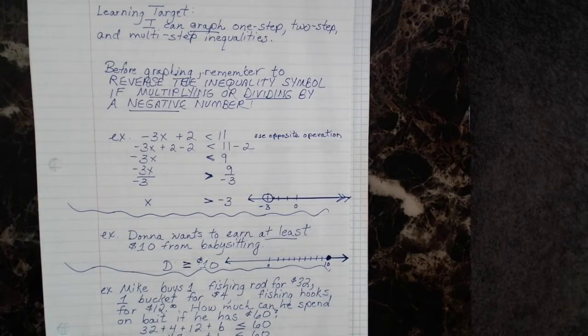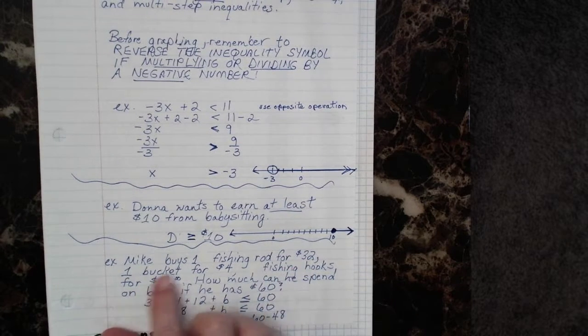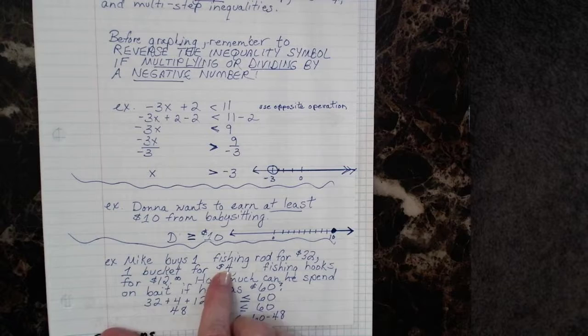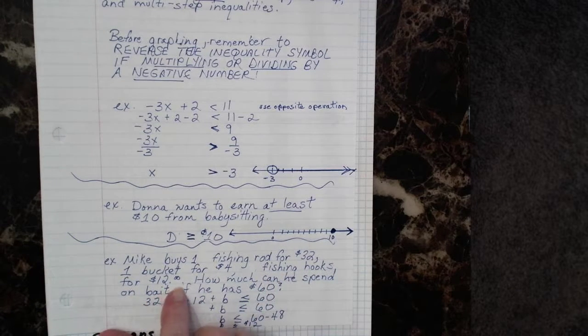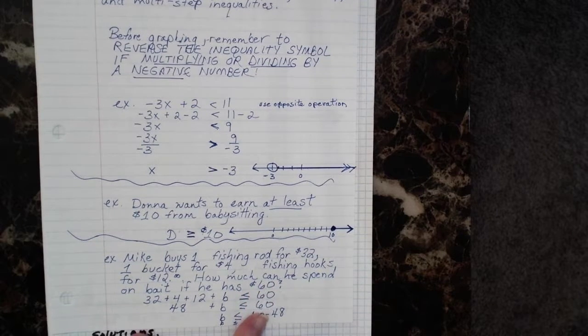And the last example: Mike buys one fishing rod for $32, one bucket for $4, and fishing hooks for $12. How much can he spend on bait if he has $60? So you add the $32 for the fishing rod, the $4 bucket, the $12 fishing hooks, plus B, the amount he can spend on bait, and all of that must be less than or equal to 60 because he has $60, but he can't spend more than that.